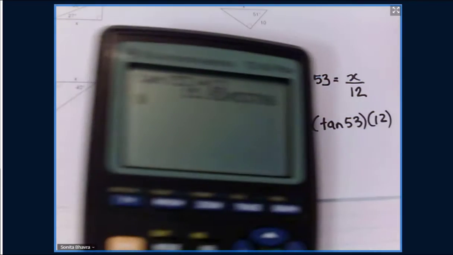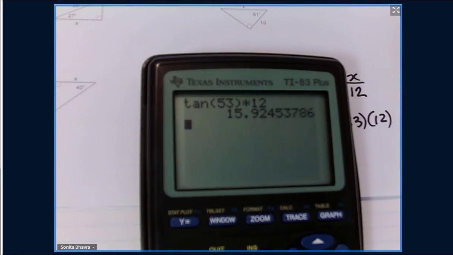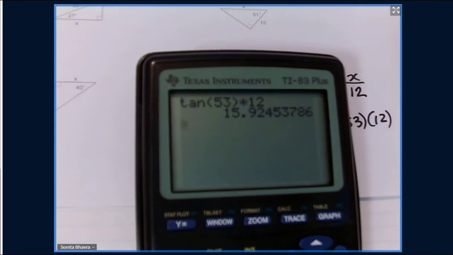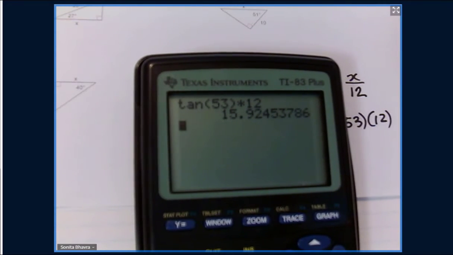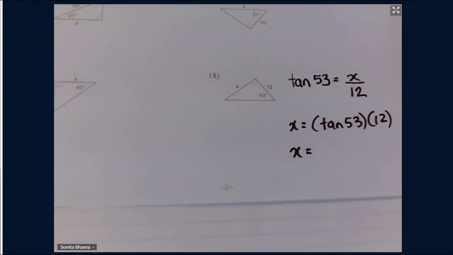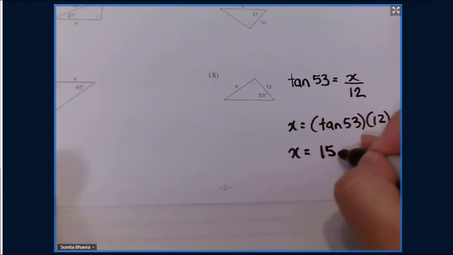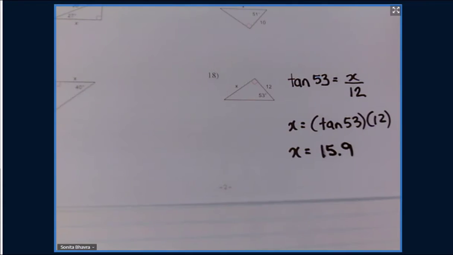Okay, so just to show you what it looks like in the calculator, I've put it in like that, and rounded to the nearest tenth, my answer would be 15.9. So x is equal to 15.9. Again, there's no units given, so I would just leave it like that.